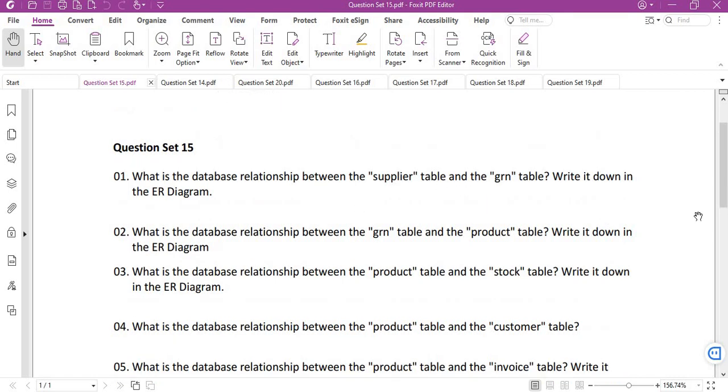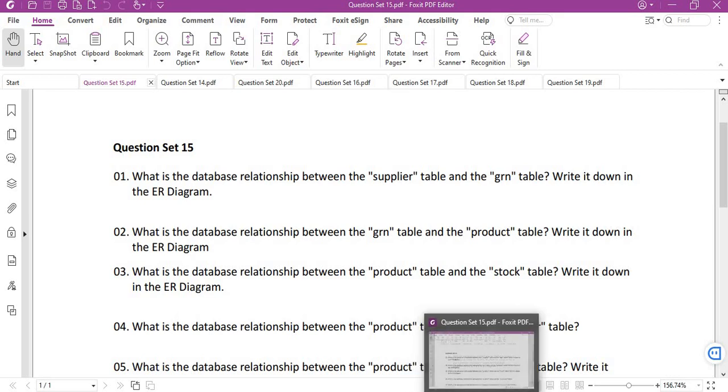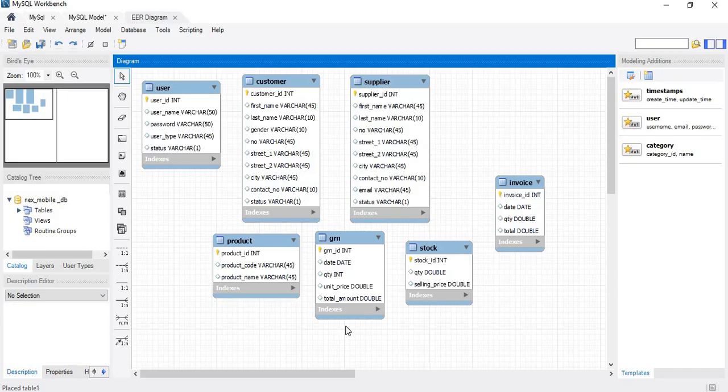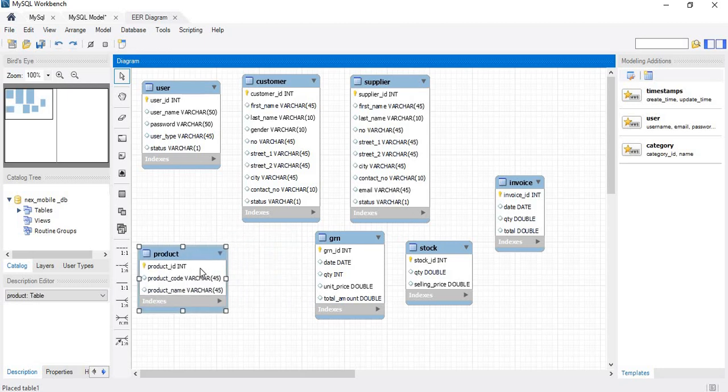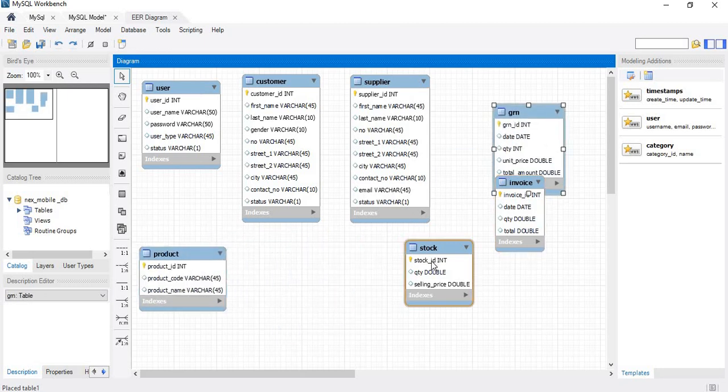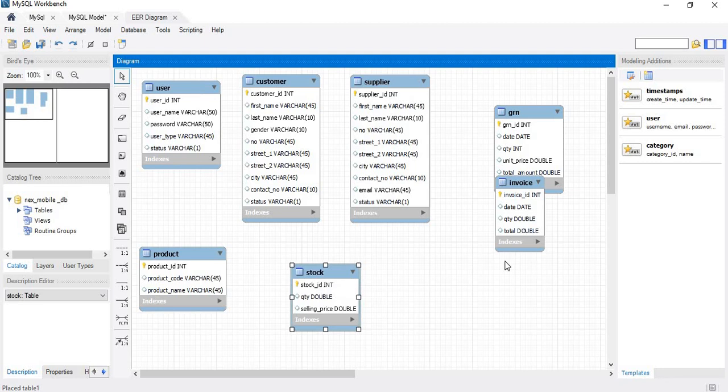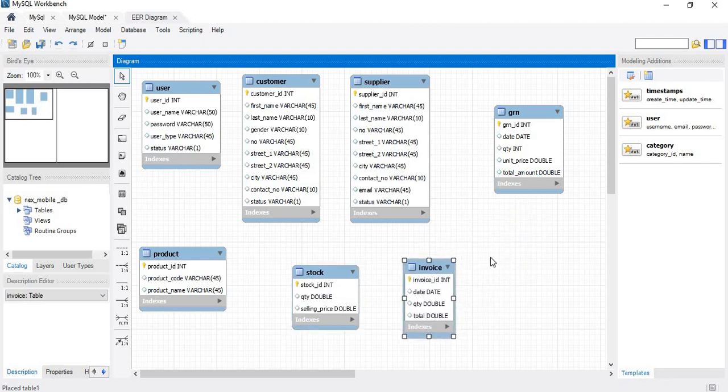What is the relationship between the supplier table and the good receive note table? So we must see the relationship between the supplier table and good receive note table. A supplier can have only one good receive note, whereas a good receive note cannot be issued to many suppliers.